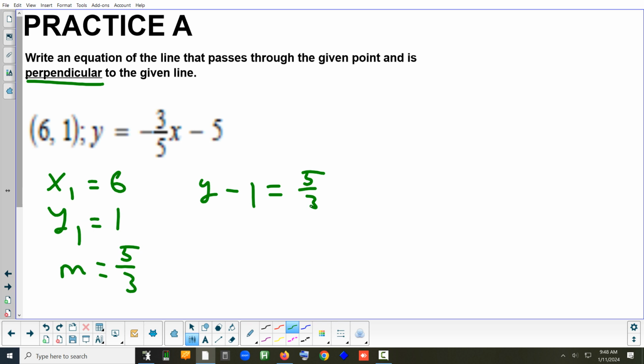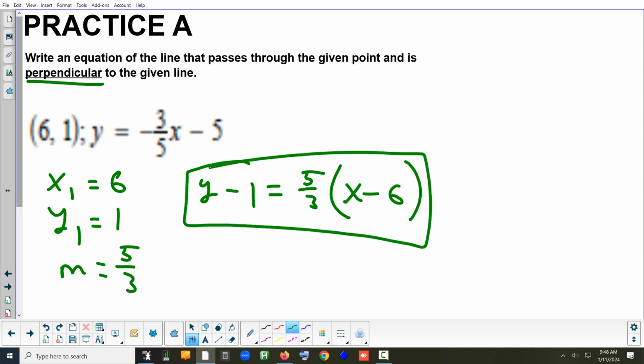And Madeline, right after the 5 over 3, we put parenthesis. And Molly, right after the parenthesis. x minus 6. Yep, and then x minus 6, and one more thing. Parenthesis. Okay.